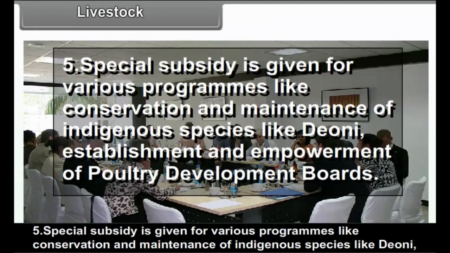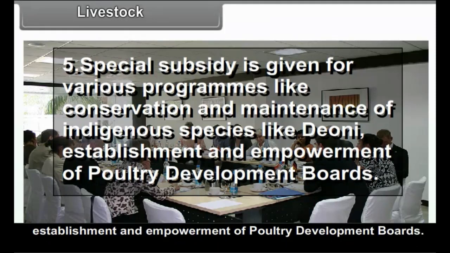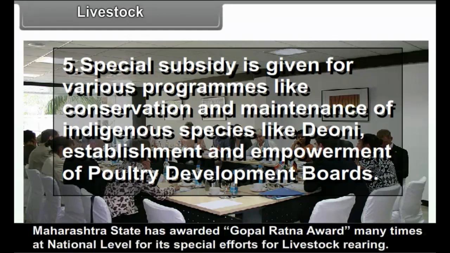Special subsidy is given for various programs like conservation and maintenance of indigenous species like Deoni, and establishment and empowerment of poultry development boards. Maharashtra state has been awarded the Gopal Ratna Award many times at the national level for its special efforts for livestock rearing.